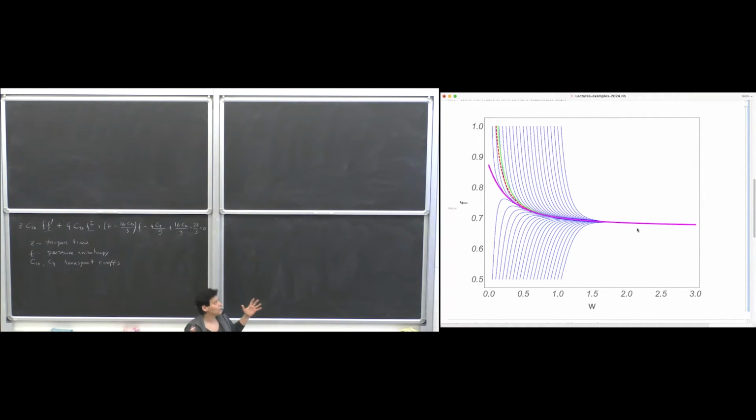But one thing that you can really see is that they all go to the same value at late times. They all quite fast converge to a single line. So this is what's called the hydrodynamic attractor. Well, actually, the pink line is the hydrodynamic attractor because there's also a finite behavior at early times.